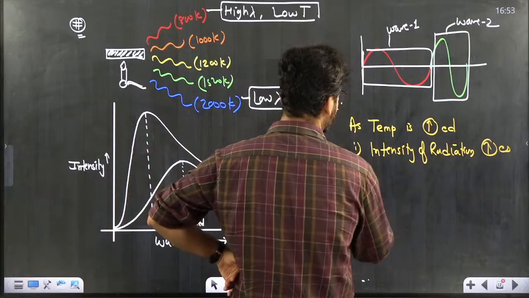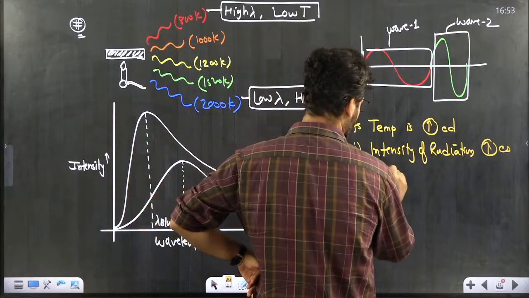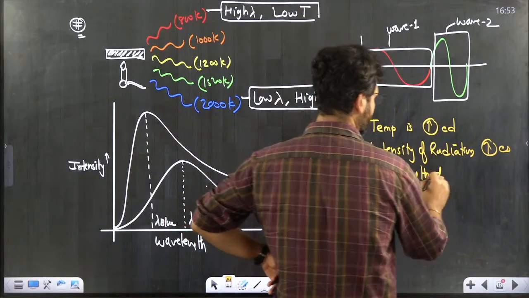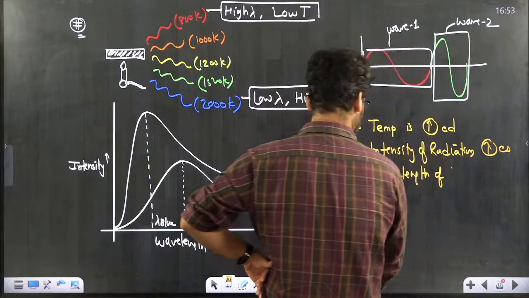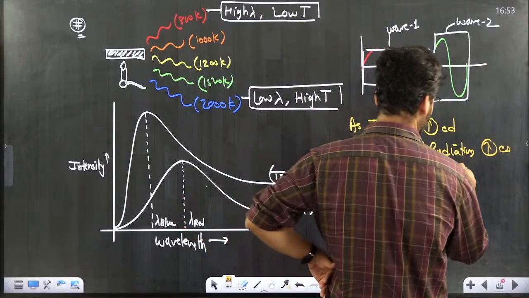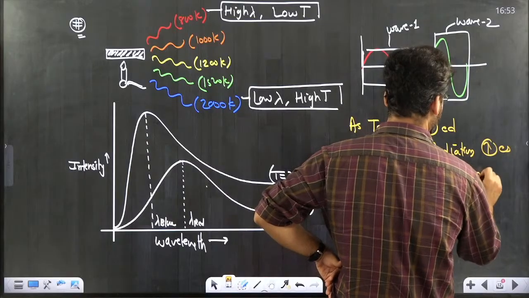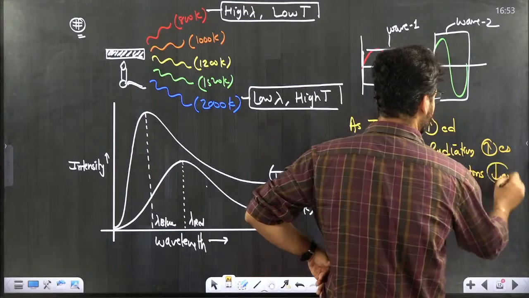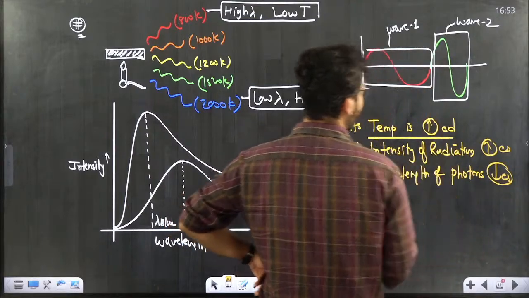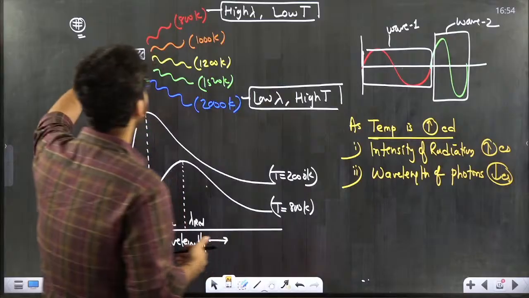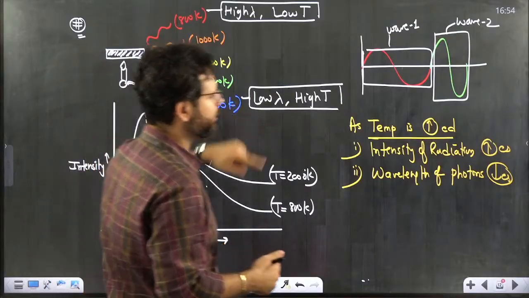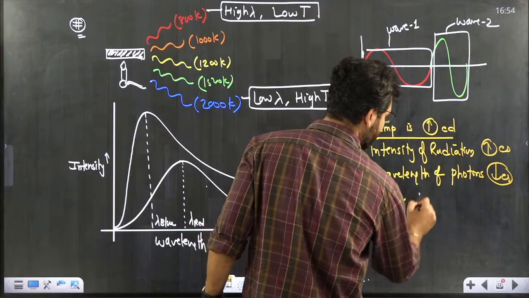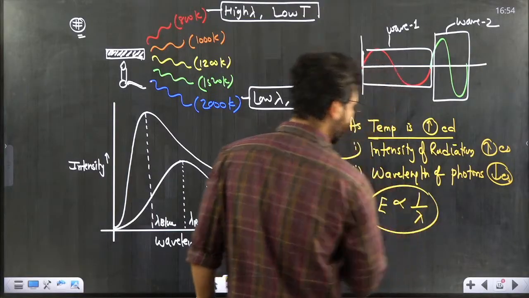Number two, wavelength of photons decreases. So as temperature increases, the more heated photons coming out are of lower lambda, meaning temperature is inversely proportional to lambda, or I can say energy is inversely proportional to lambda.